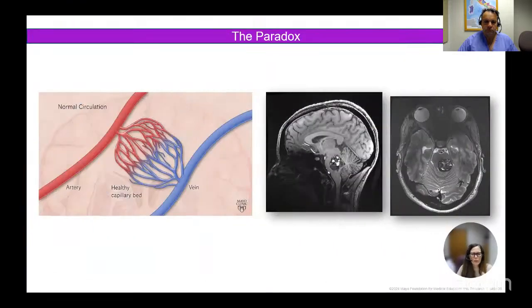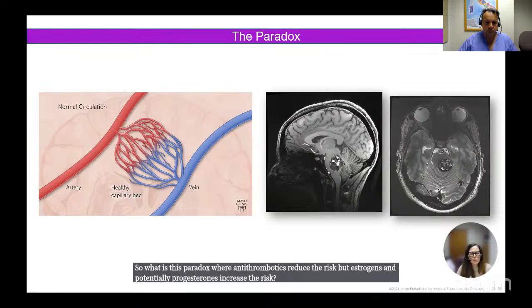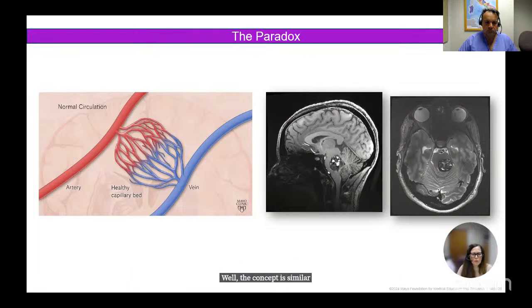So what is this paradox where antithrombotics reduce the risk, but estrogens and potentially progesterones increase the risk? Well, the concept is similar to that of cerebral venous thrombosis, where when you have normal blood flow going from the arteries to the capillaries to the veins, the blood is not clotting.